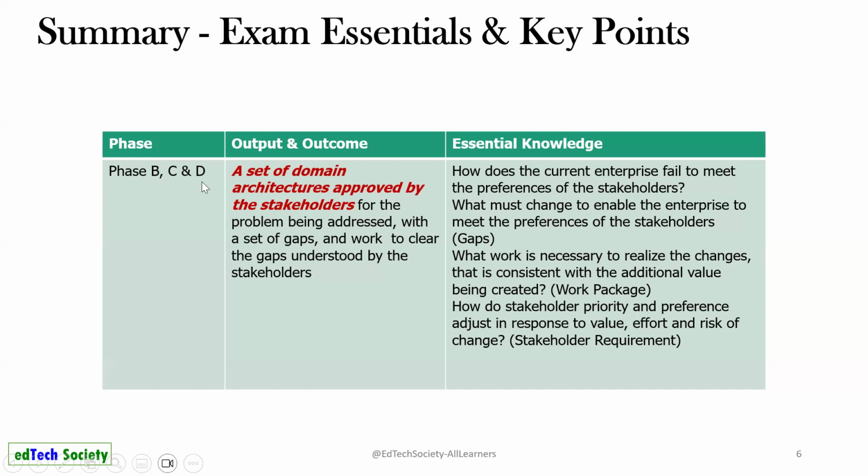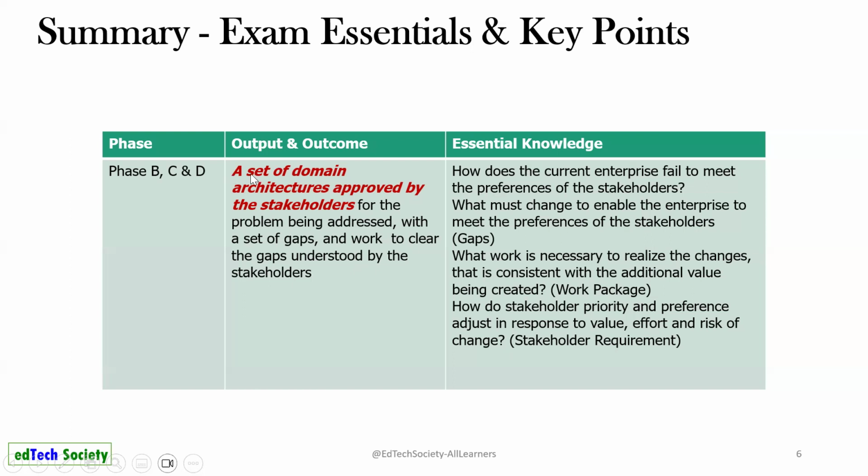For phases B, C, D, the output and outcome is a set of domain architectures approved by the stakeholders for the problem being addressed, with a set of gaps and work to clear the gaps understood by the stakeholders. We have highlighted "a set of domain architectures approved by the stakeholders."